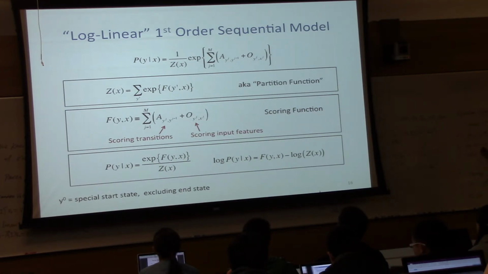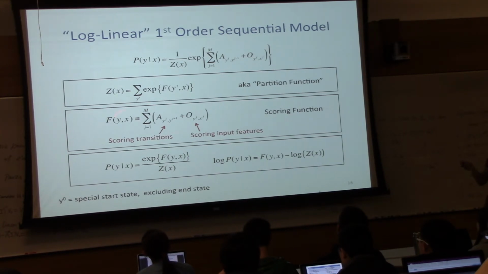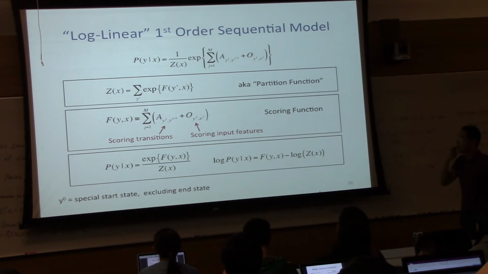So the idea is to model the probability of an entire sequence Y given an input sequence X in the following form. If I reinterpret these parameters as a scoring function, like f of Y given X, or sometimes I write this f of X given Y, it doesn't really matter, then I can model the probability of a sequence in this form, where Z sums the scoring rule over all possible sequences of the same length as the input sequence.